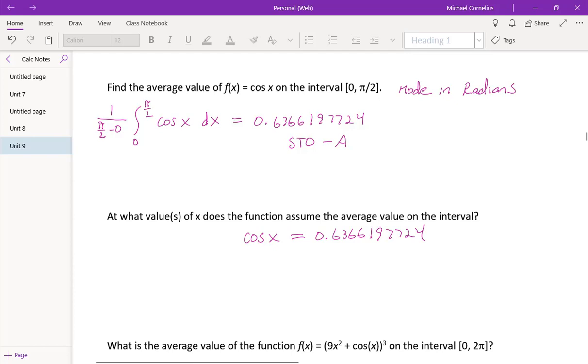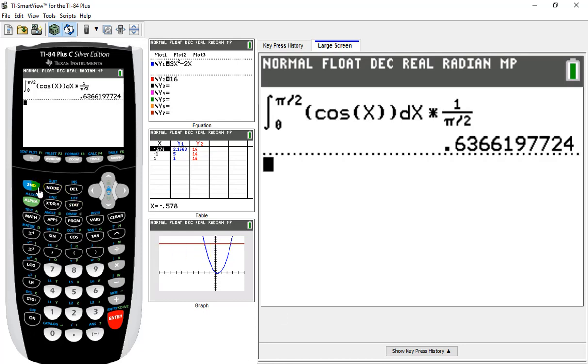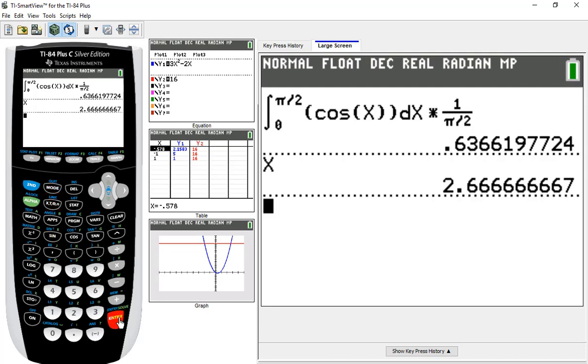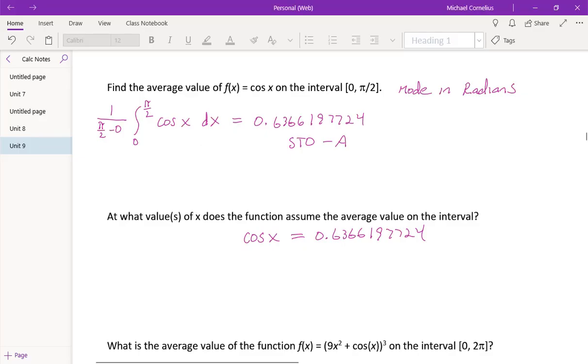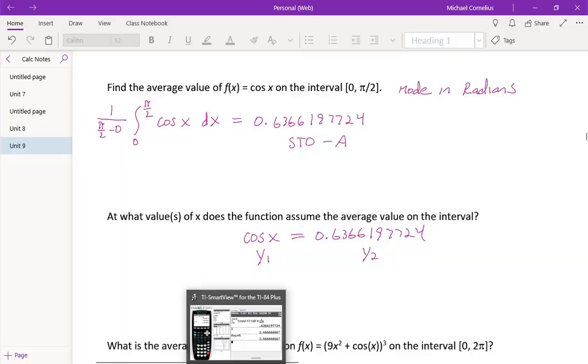So by storing it in the calculator, I'll go back, quit out of this one, go back to my main window here. We'll hit X and enter, and then I want to store that into alpha A, enter. And so now I've got it stored. The reason I'm going to do that is because I'm going to graph y1 and y2, and then I don't have to type in that whole number again when I go to graph it.